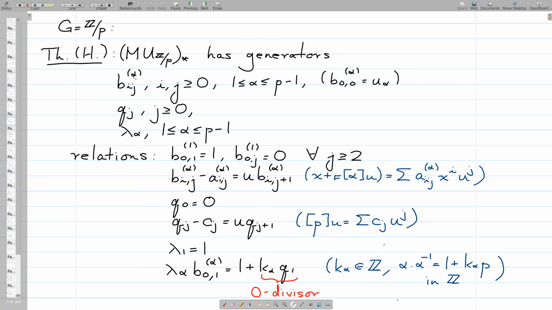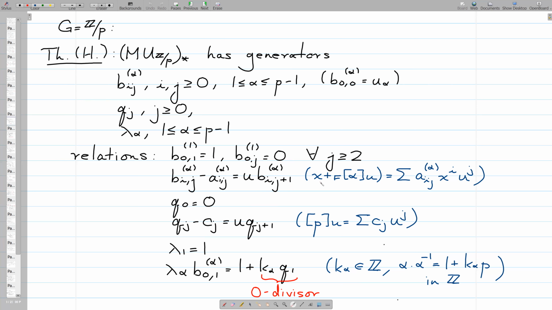You don't have these when alpha is some other non-trivial element of Z mod p. We have Bij alpha minus a different constant, which I'll call Aij alpha. Then you can divide by the basic U, which is U1, and then you get the next element in this sequence, Bi, j plus 1, still for this particular alpha.